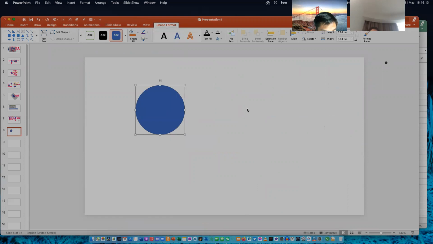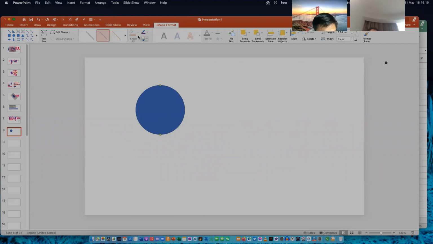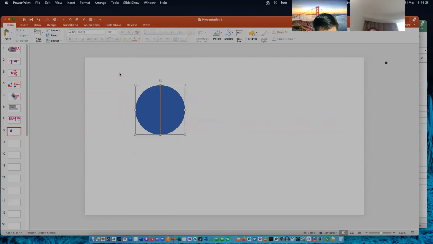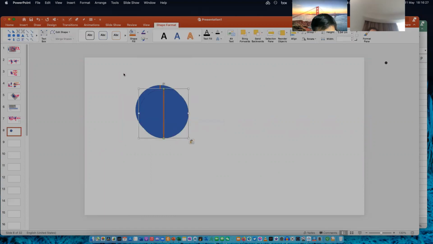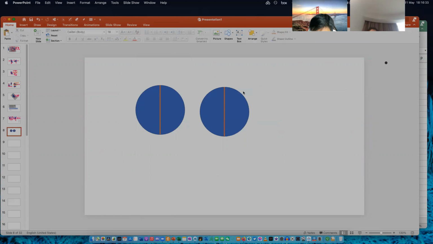What you have learned in your school is semicircle, and of course, you also have learned quadrants.